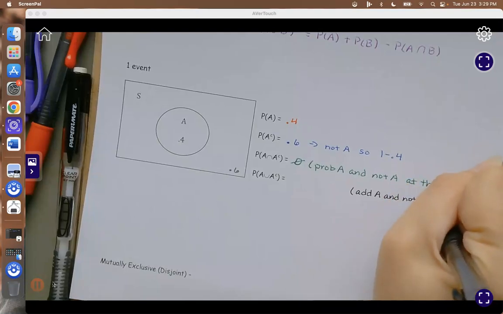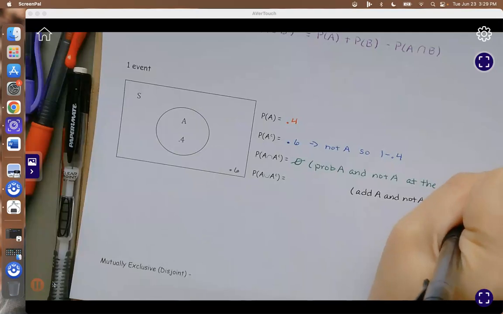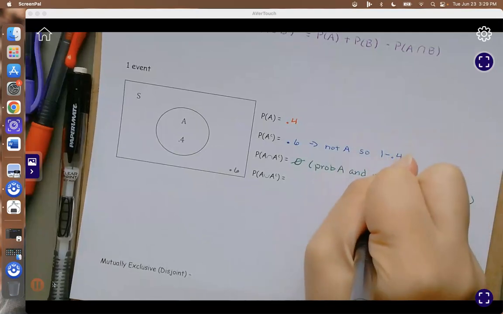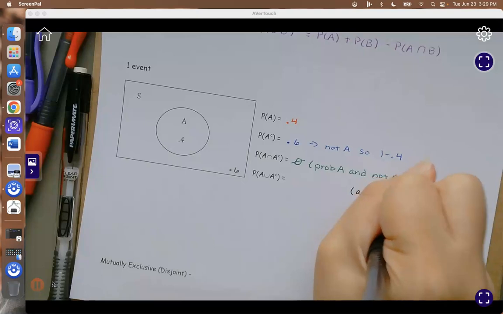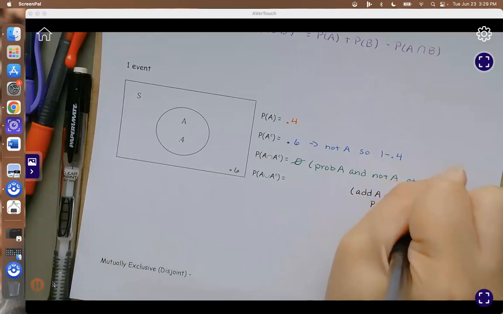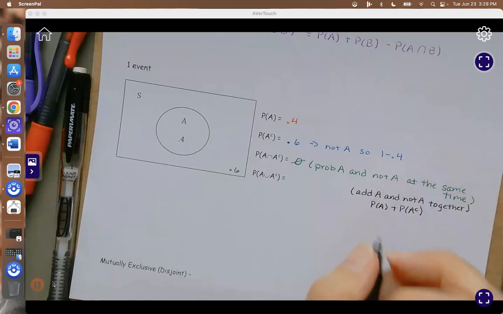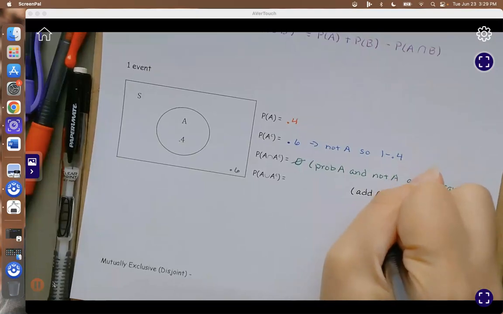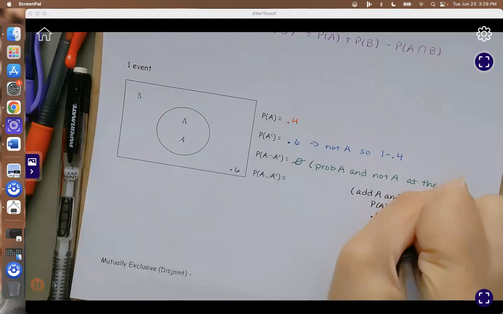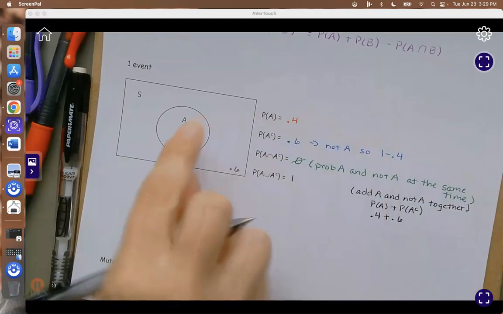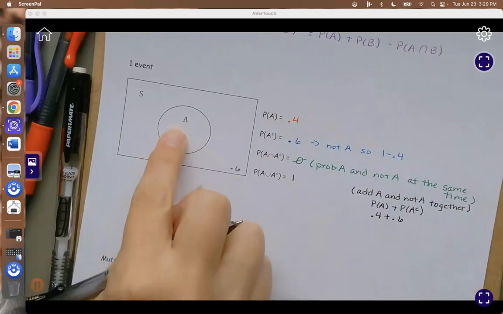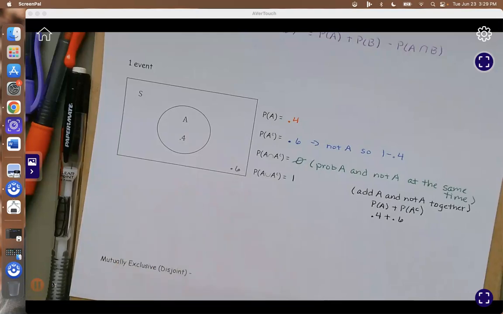And there is no overlap because it's just one event. So the probability of A plus the probability of not A. So that'd be 0.4 plus 0.6, which adds up to be 1, because those are the only two options you got, A and not A.